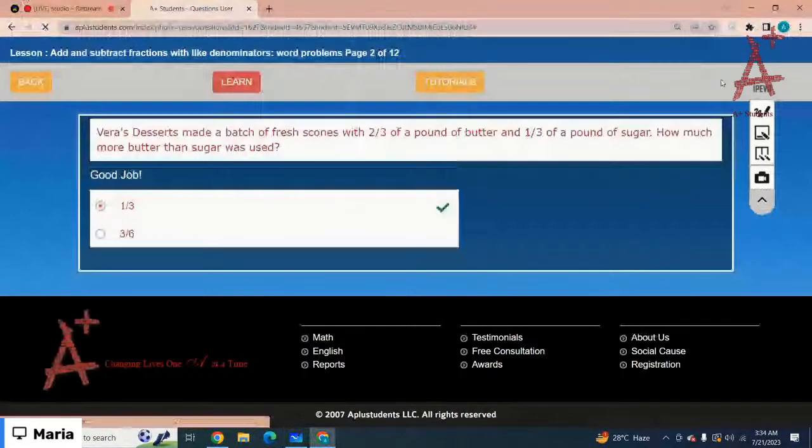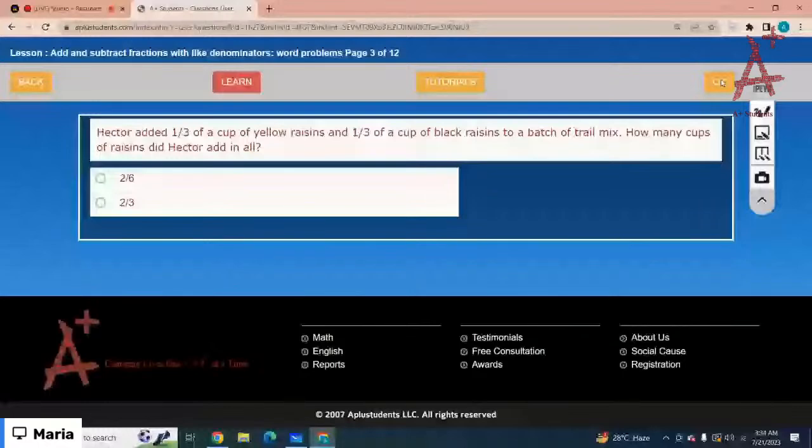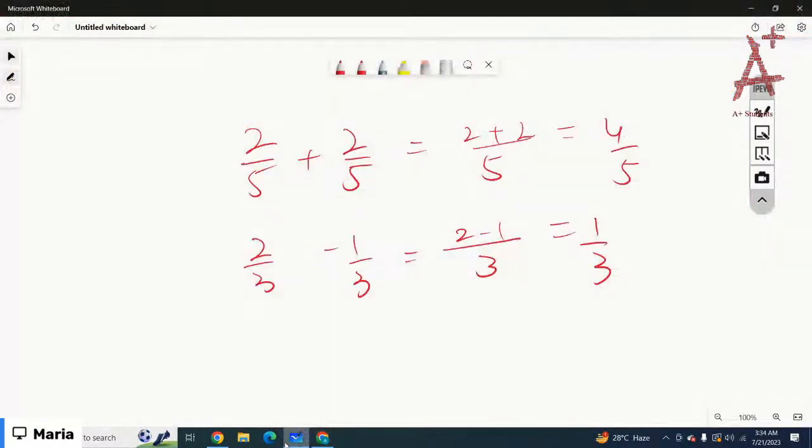Butter added 1/3 of a cup of yellow raisins and 1/3 of a cup of black raisins to a batch of trail mix. How many cups of raisins did the baker add in all? So you have to add 1/3 and 1/3. They have the like denominators.